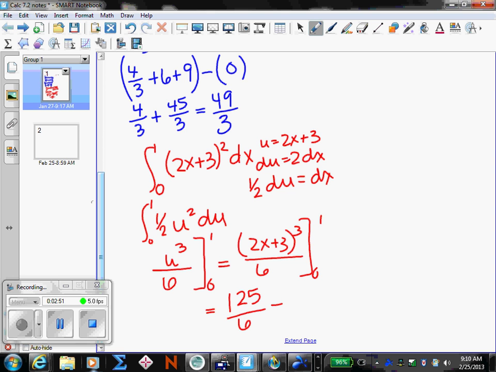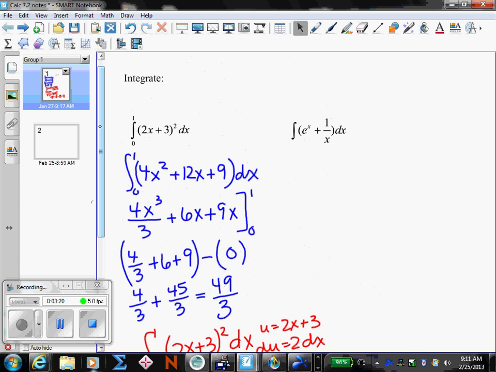Subtract what I get when I plug in 0. 27 over 6, 98 over 6, which simplifies to 49/3. So either way you work that problem, you're going to get 49/3. It does not matter to me which method you use, just as long as you're comfortable with either one.